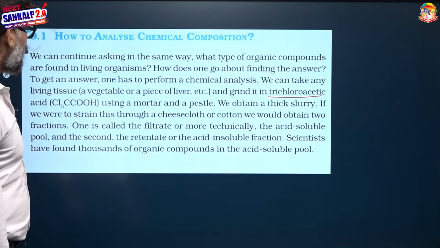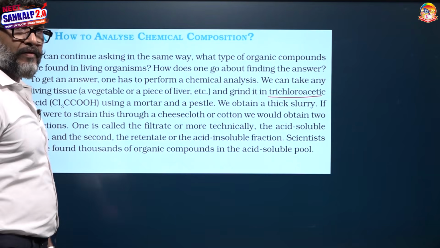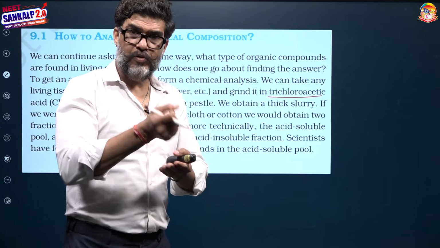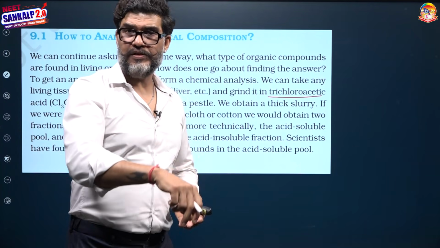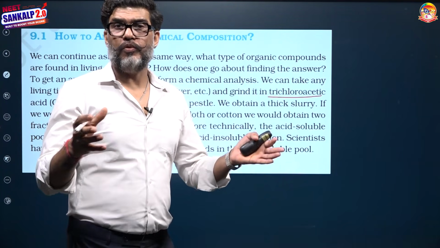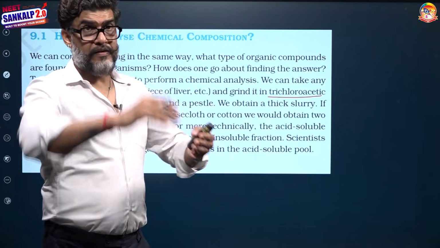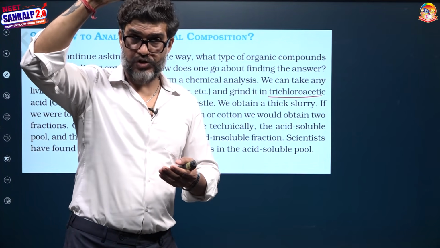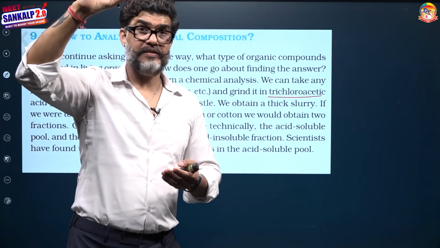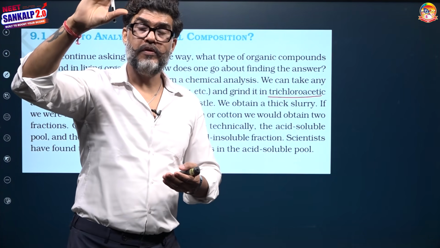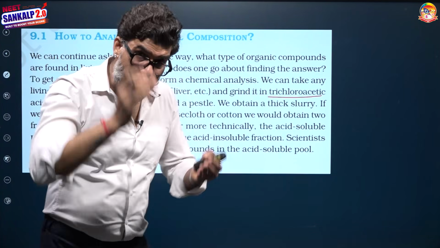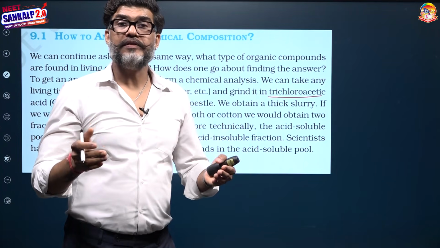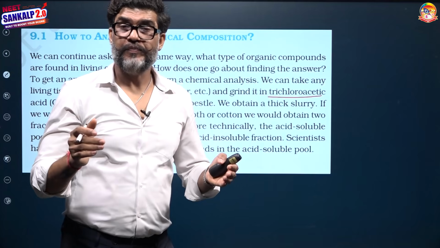Remember, we crush plant or animal tissue in trichloroacetic acid and then pass it through cheesecloth or cotton. The part which is left over on the cotton or cheesecloth is called the acid insoluble pool, and the part which passes through is called the acid soluble fraction.